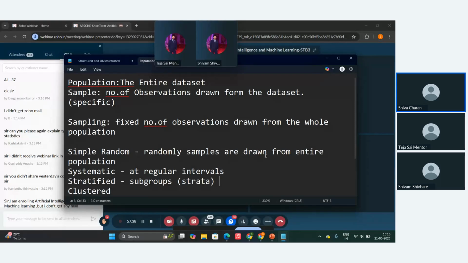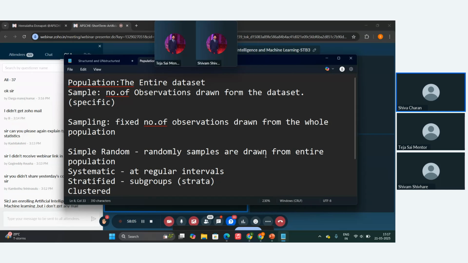Okay, so the types of sampling we are discussing: we have discussed simple random sampling, systematic sampling, and stratified. In stratified, initially the entire population is divided into subgroups, and that subgroup division is known as strata.